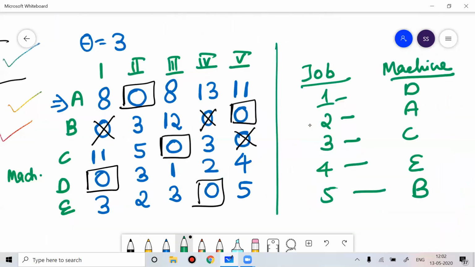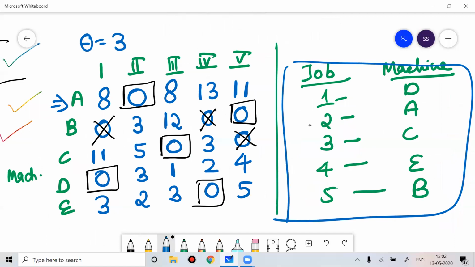This is your final answer: which machine will do which job. Machine A will do job 2, machine B will do job 5, machine C will do job 3, machine D will do job 1, and machine E will do job 4. This is the final answer.